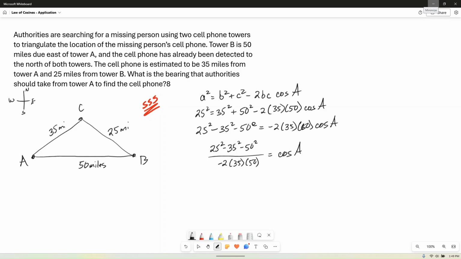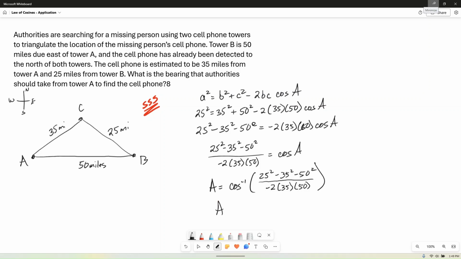To get A by itself, we take the inverse cosine on both sides. So A is equal to the inverse cosine of 25 squared minus 35 squared minus 50 squared, all divided by negative 2 times 35 times 50.